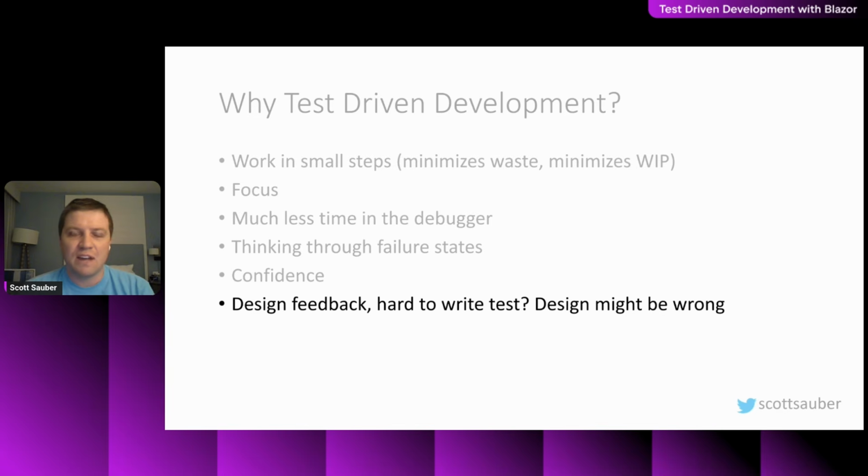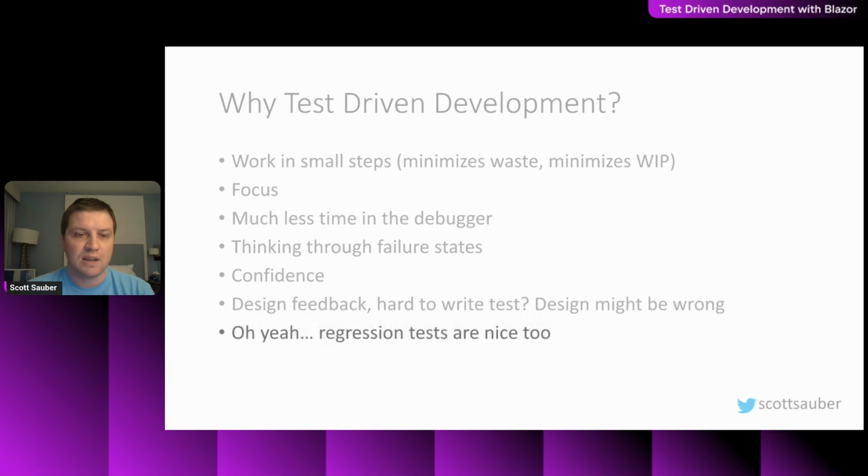So if you find this is really hard to write a test for, it could be a pause point: maybe this method is doing too much, or this component's doing too much, or whatever the case is, and maybe the design of my code is wrong. So I also like that design feedback that TDD and tests in general give me. That's another side benefit.